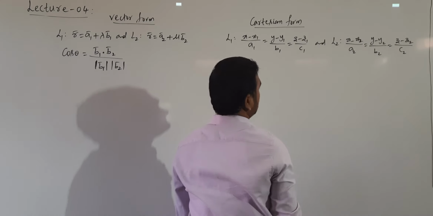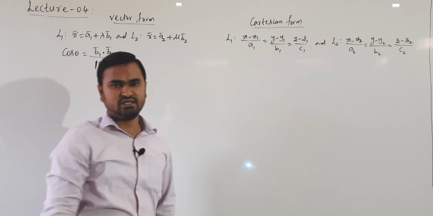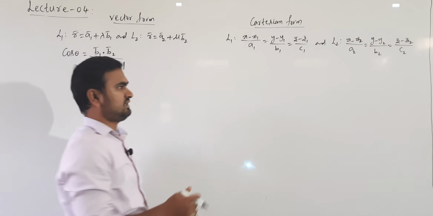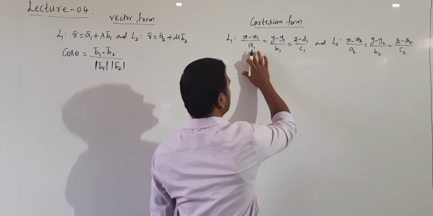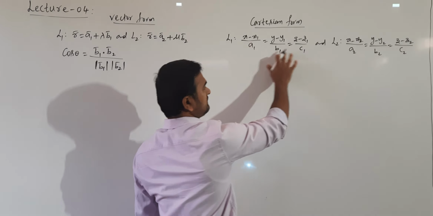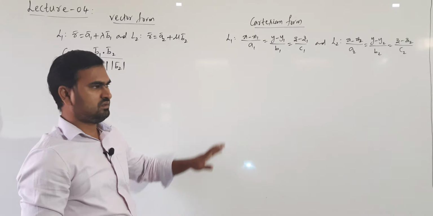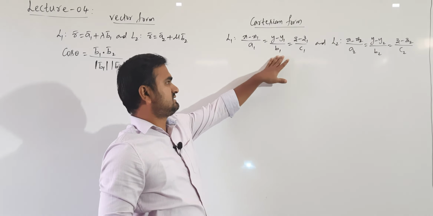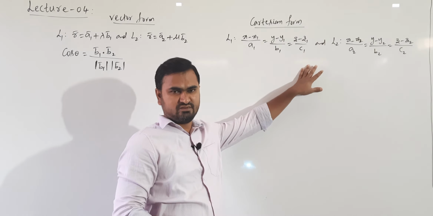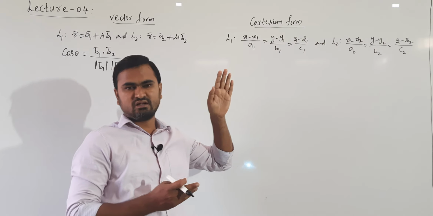These are the equations of lines in Cartesian form. Okay. So, in Cartesian form, what are a1, b1, c1 here? a1, b1, c1 are the drs of parallel vector, or we can consider these as drs of the line itself, because line and vector are parallel.